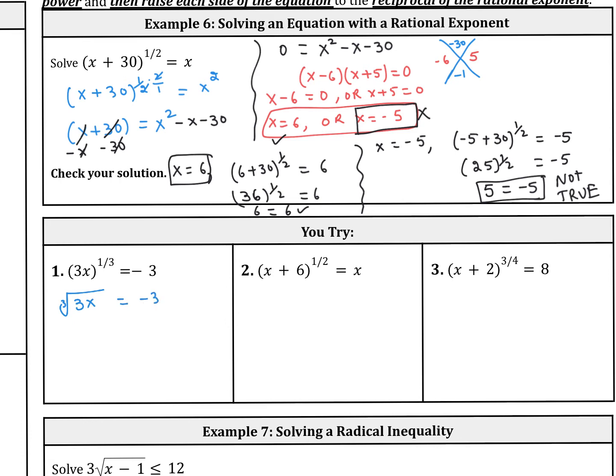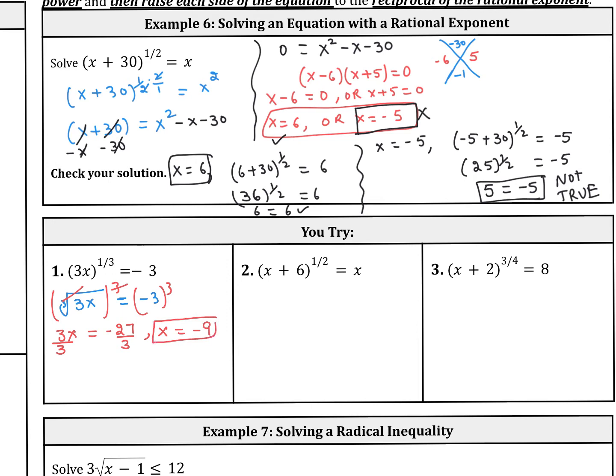To remove the cube root, you take the cube on both sides. Cube and cube root cancel. You get 3x equals -27. Now we solve for x. You divide by 3 on both sides, so you get x equals -9.